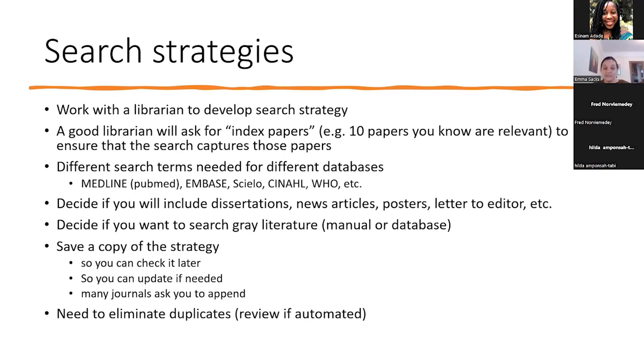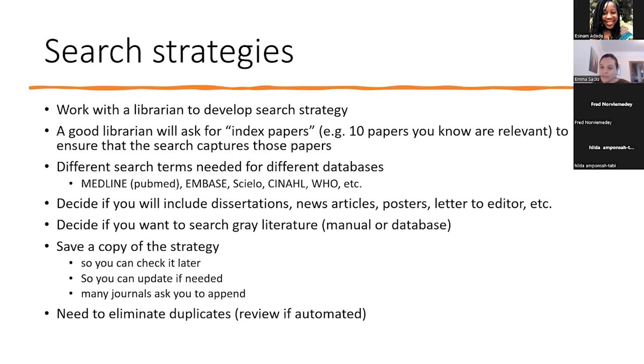Librarians will often ask for index papers, right? So that might be a couple of papers that you know are relevant, and you want to make sure that whatever search you design would capture those few papers. Those papers can help you know if there are additional terms that you should use, but also make sure that you don't exclude them.